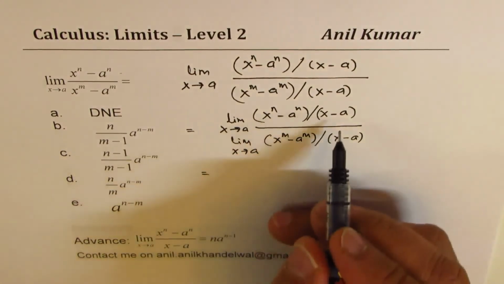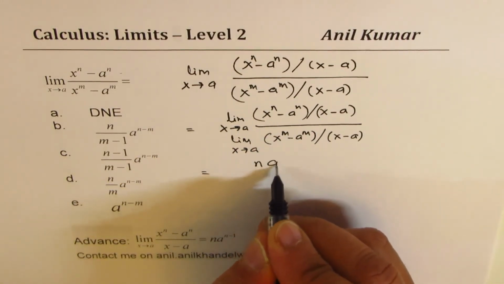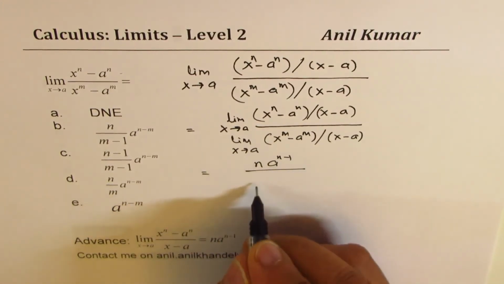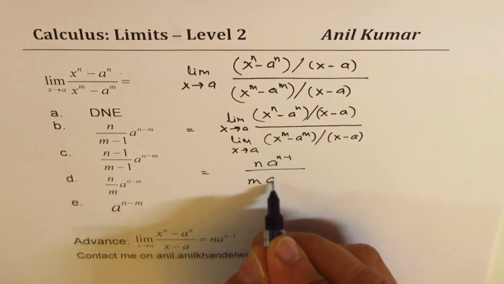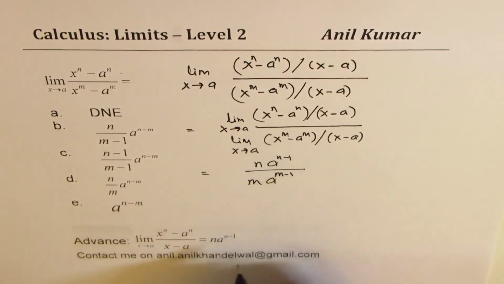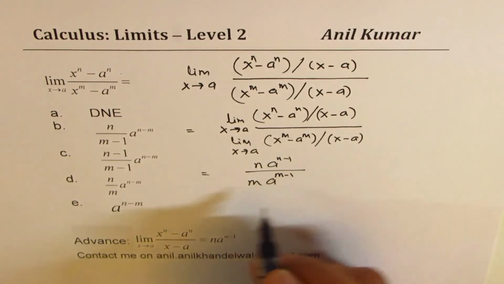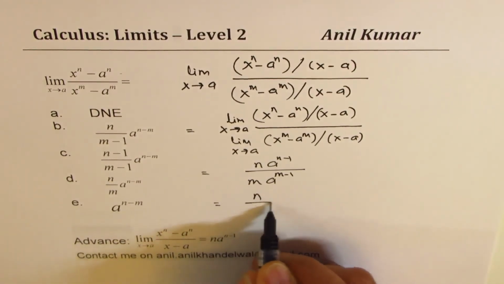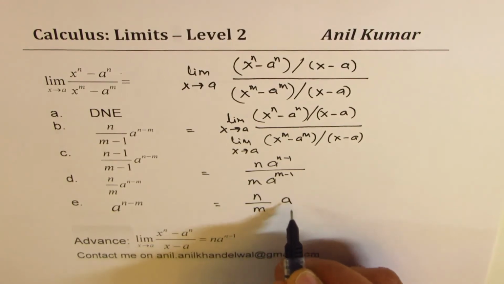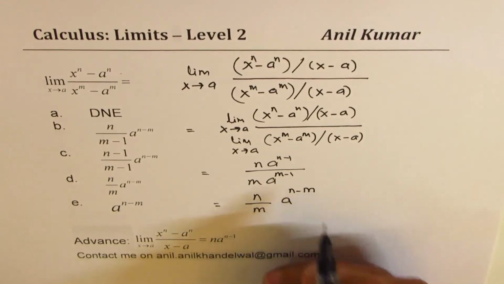And you know the formula. It is n a to the power of n minus 1 divided by m a to the power of m minus 1, correct? That is n over m a to the power of n minus m.